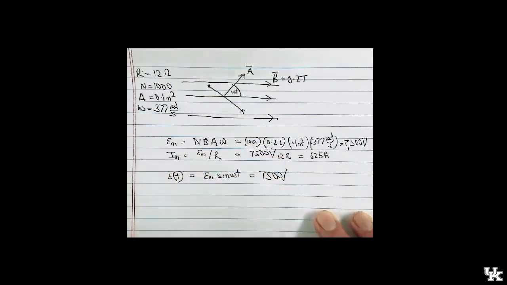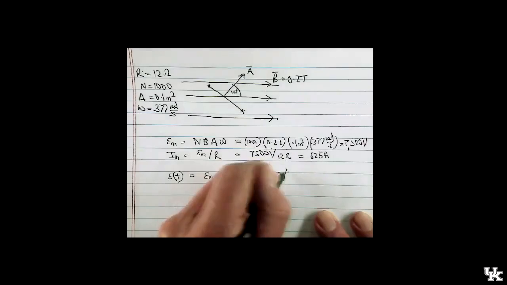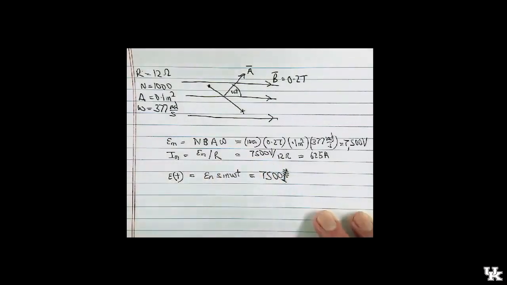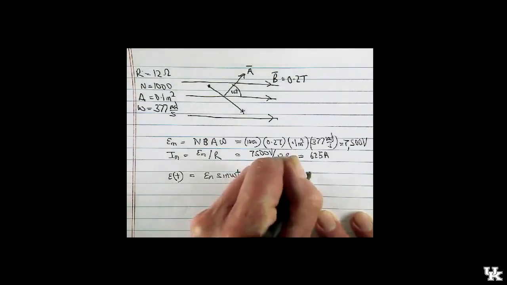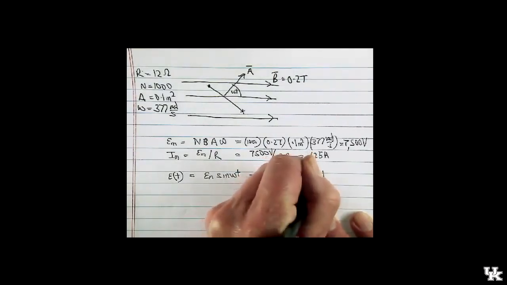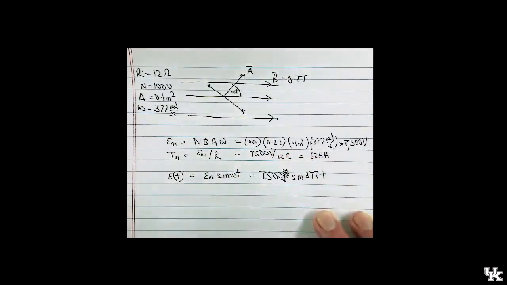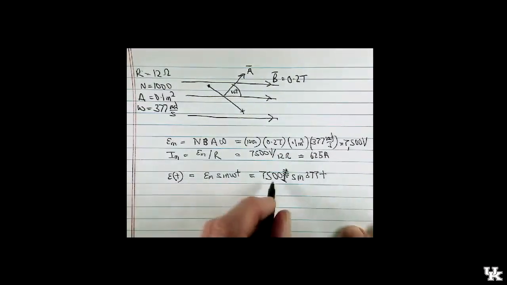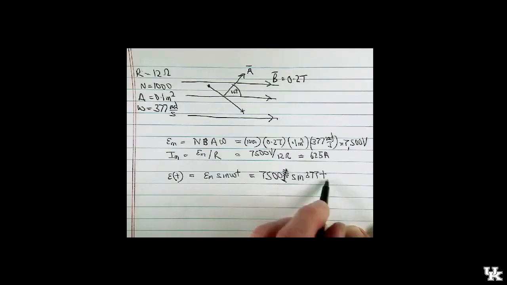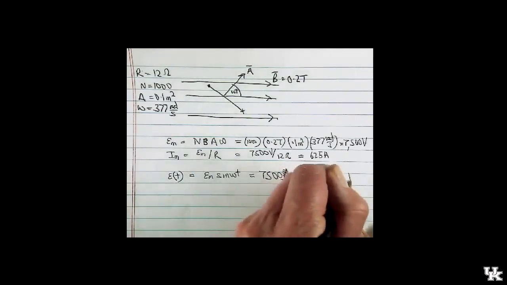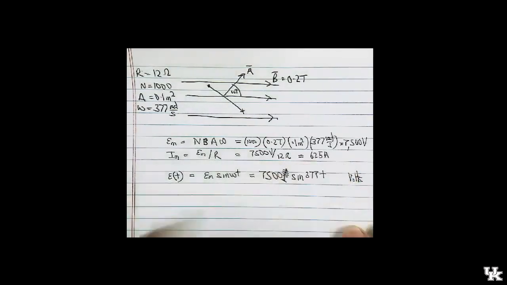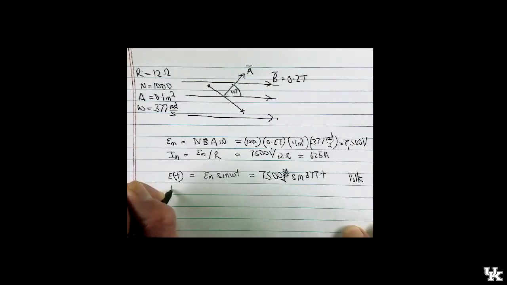The sine function is sine of omega, which is 377, times t. And so 7,500 times sine 377 t is the time dependence of the induced EMF, in volts.